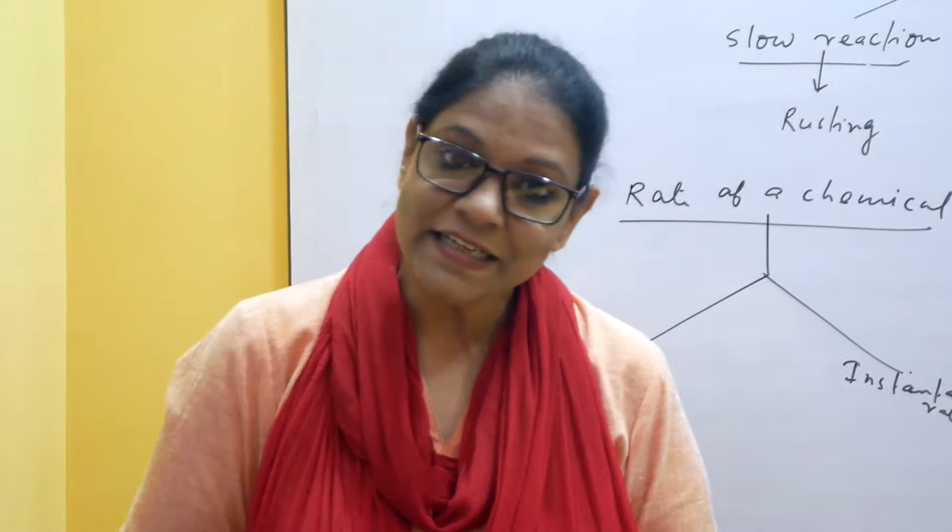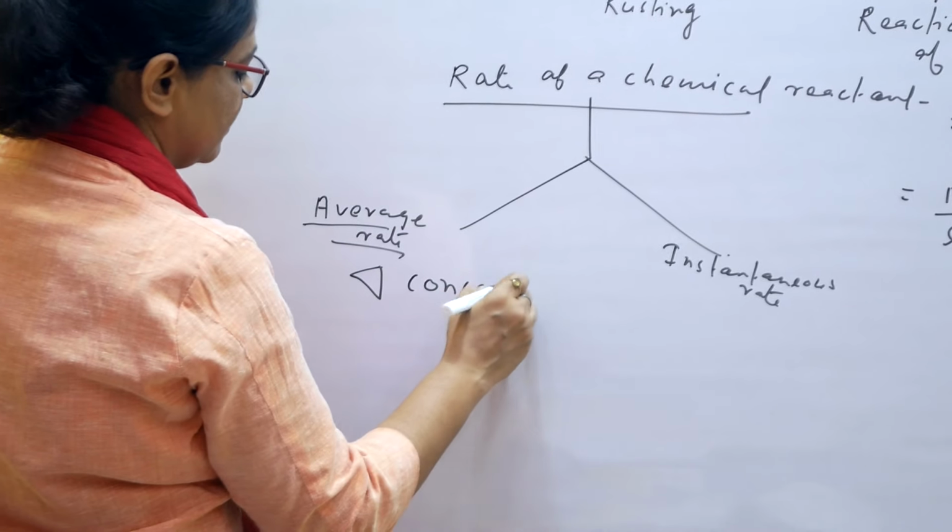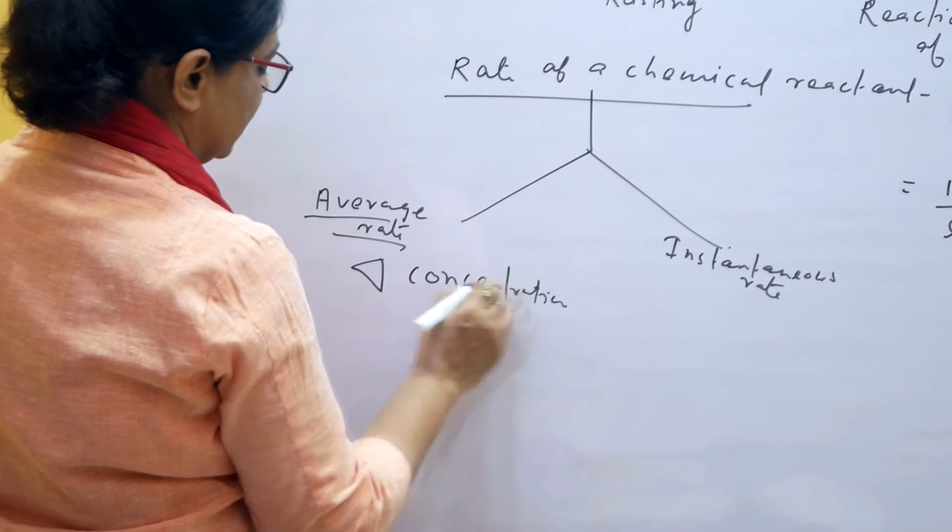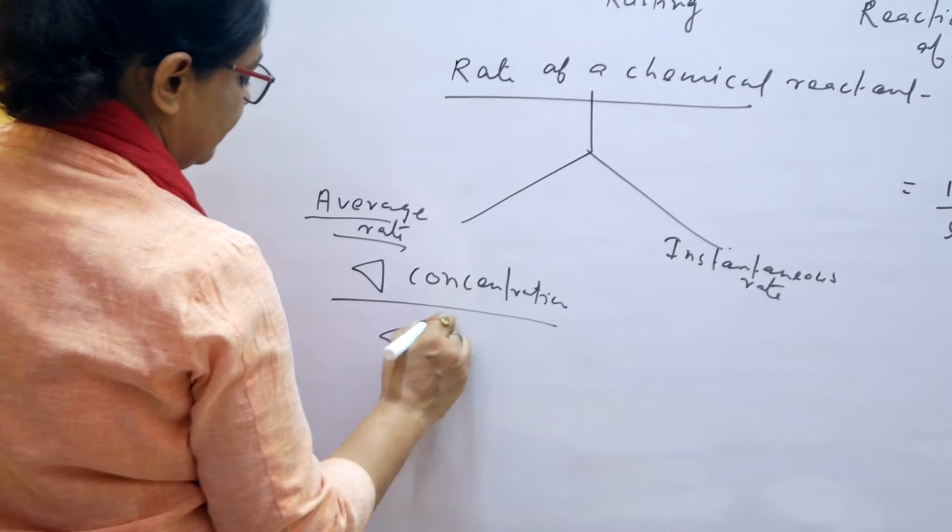So this is change in concentration divided by change in time. Whereas instantaneous rate is that type of rate which takes place at every second, at every interval of time. So here we use d, change in concentration, divided by dt.